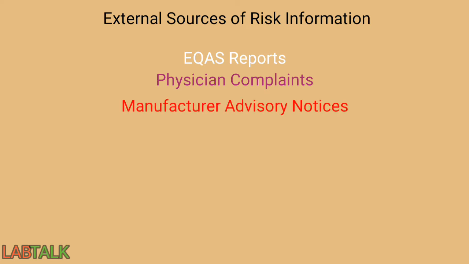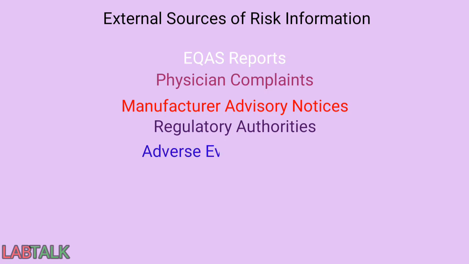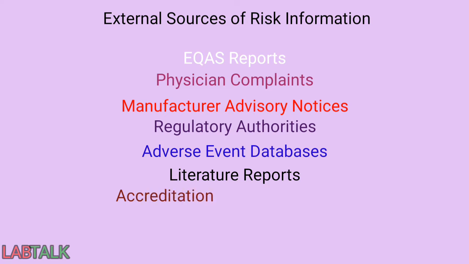Many times we have seen mail communication from the product developers or IVD manufacturers, which includes a product recall, field correction or safety notices. This must be evaluated for any risk or hazardous situations. The next sources are regulatory authorities, adverse event databases, literature reports and audits from the accreditation bodies. So these are some of the external sources of information from which data with respect to the risk can be generated.